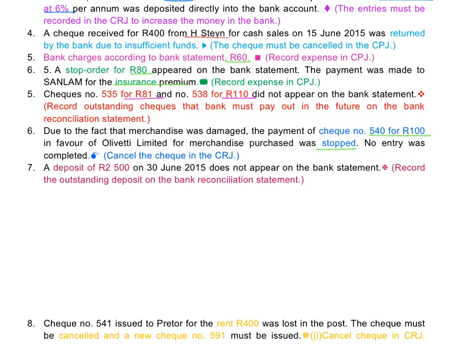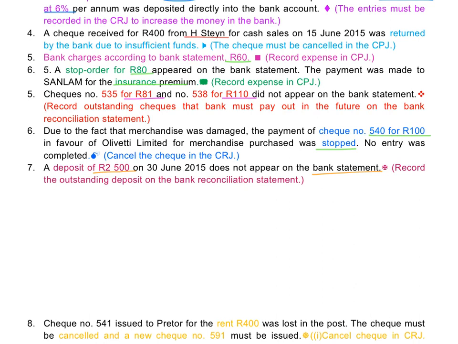A deposit of 2,500 does not appear on the bank statement. So we closed our books on the 30th of June and already recorded this 2,500. The bank closes their books before the end of the month to give them time to send the bank statements to their clients.